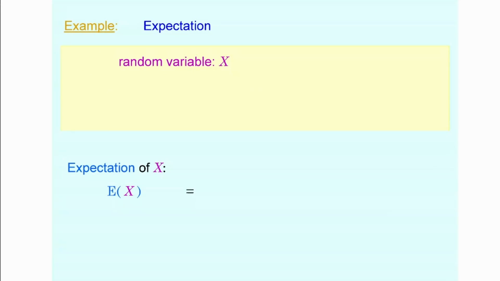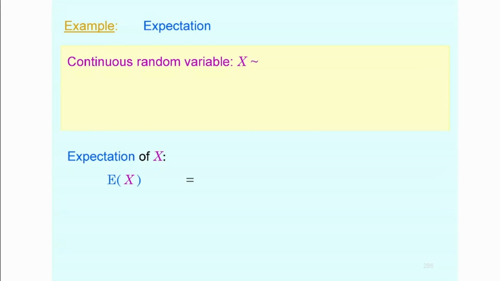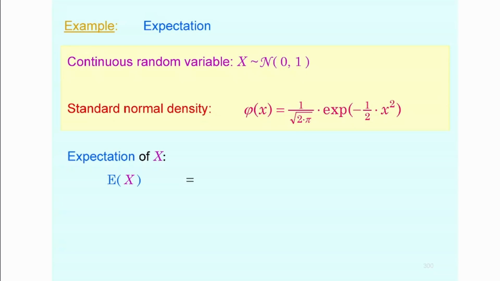All right, now looking at expectations when it comes to continuous random variables, for example, the standard normal distribution, which I talked about before. It has a density 1 by the square root of 2 times pi, times e to the power of negative 1/2 times x squared.